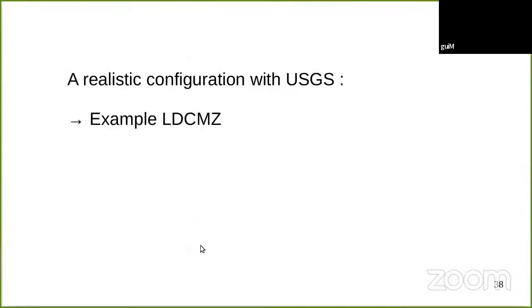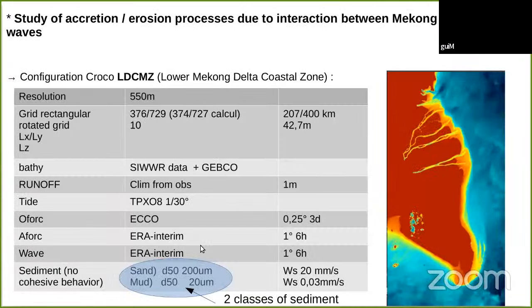So what is one thing, and I finish with this. This is one configuration based on CROCO using USGS. As Rachid said, it is centered on the south of Vietnam. We study here the Mekong River and the interaction between tides and waves.